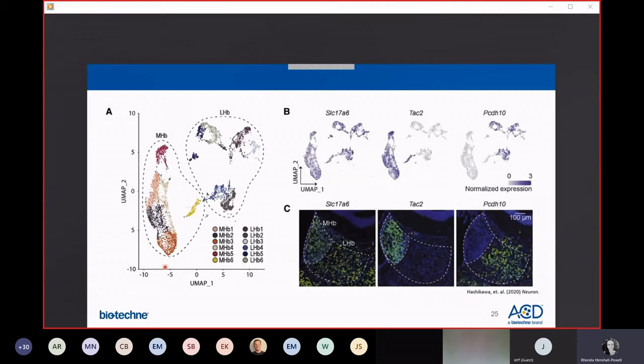Here in this UMAP plot, we're seeing just the 12 neuronal clusters that correspond with either medial or lateral habenula neuronal clusters, and they are clearly delineated based on expression of markers, including Tac2 and Protocadherin 10. Here, this is RNAscope data using probes for these gene targets, and you can clearly see this anatomical delineation of medial versus lateral habenula, and then this is a marker that's common to both sides.